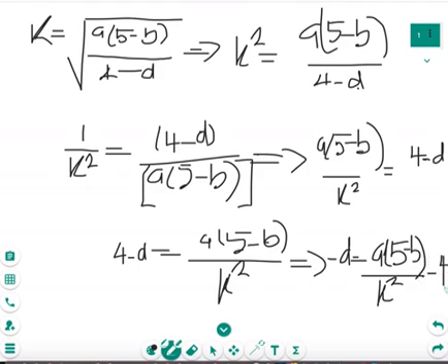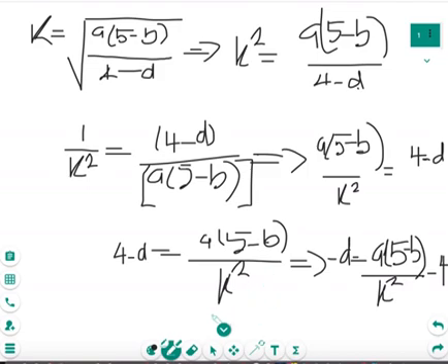But we're looking for d the subject, and we have minus d here. So you have to multiply through by minus 1 to get rid of the minus. You understand that? Yes.